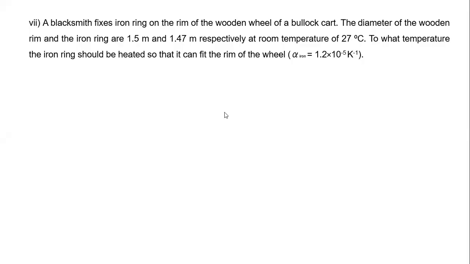Now next question. It is question number 7. A blacksmith fixes an iron ring on the rim of the wooden wheel of a bullock cart. The diameter of the wooden rim and the iron ring are 1.5 meter and 1.47 meter respectively.